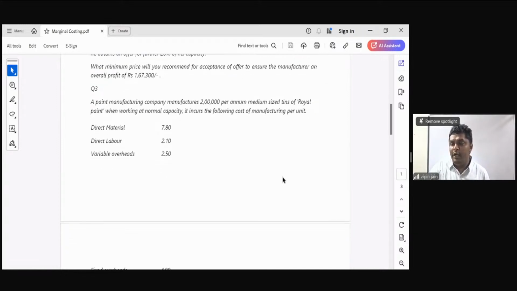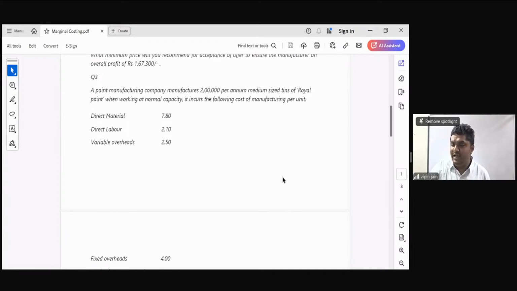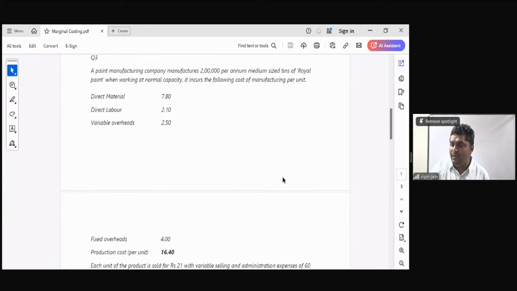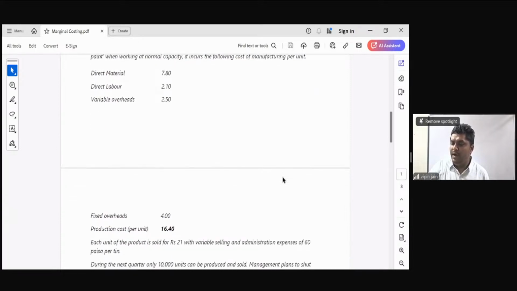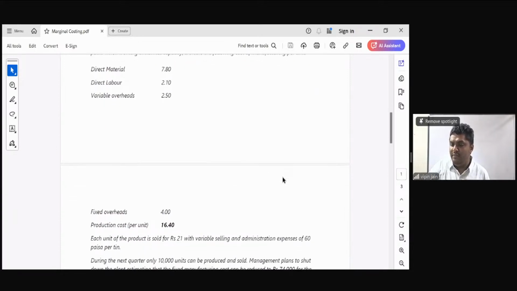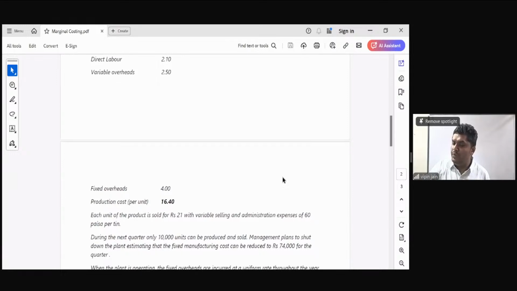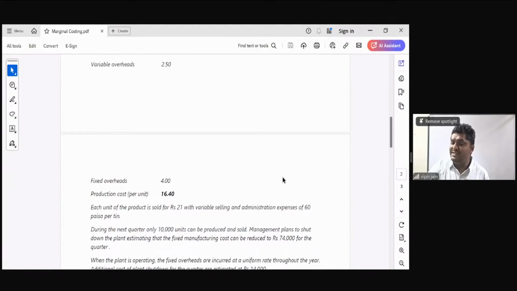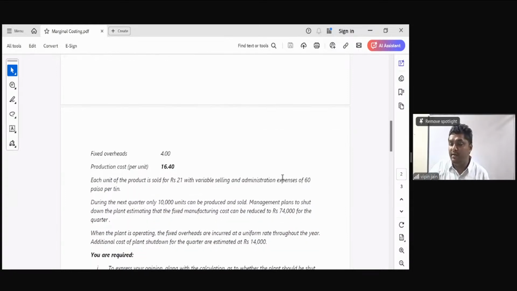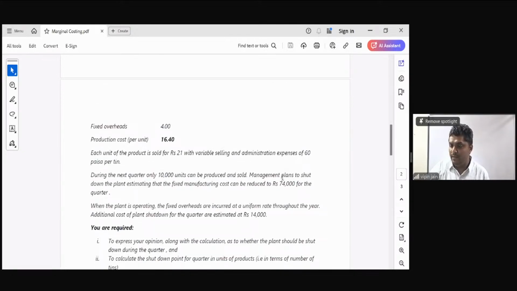It incurs the following manufacturing cost per unit: direct material, direct labor, variable overhead, fixed overhead, giving production cost per unit. Each unit of the product is sold at 21, with a variable selling and administration expense of 60 paisa per tin. So there is one more variable cost, that is 60 paisa per tin variable selling and administration expenses.